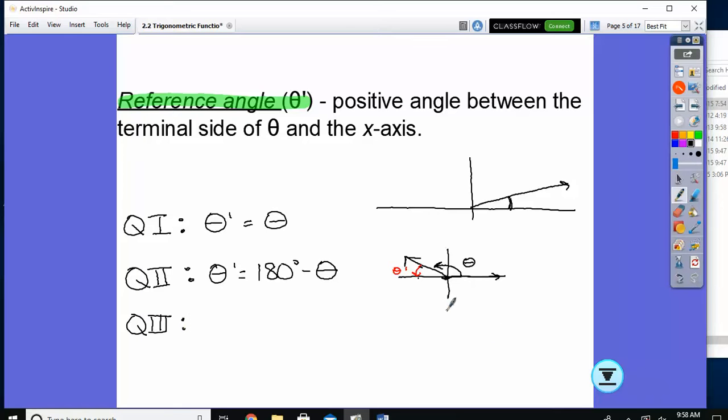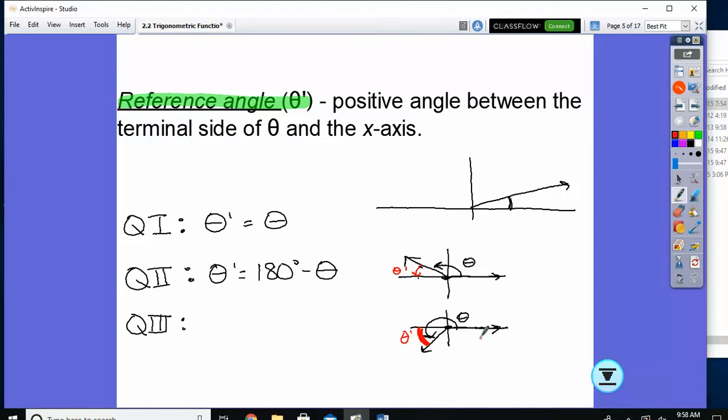We're in quadrant 3. So if this is my angle in quadrant 3, the reference angle is between my angle and the x-axis, always the x-axis. So it's this piece right here.